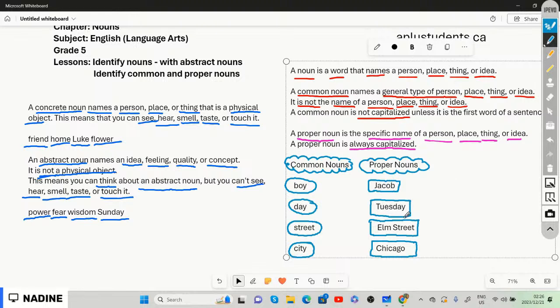Then that means it's a proper noun because you are specifying. So proper nouns, we are being specific. And we need to always capitalize.